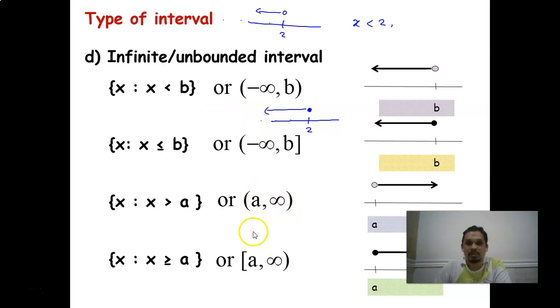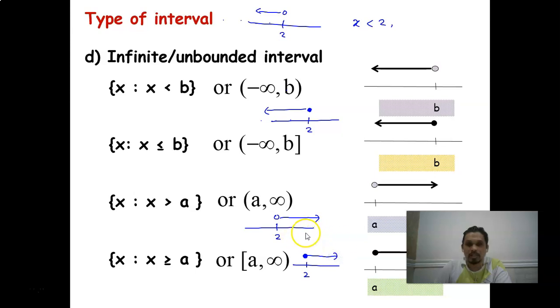Okay, what about this one here now? Greater than a, or a to positive infinity. Let's imagine that this is 2 here, from 2 to positive infinity, and this one here, let's say 2 with a closed bracket or dot here.